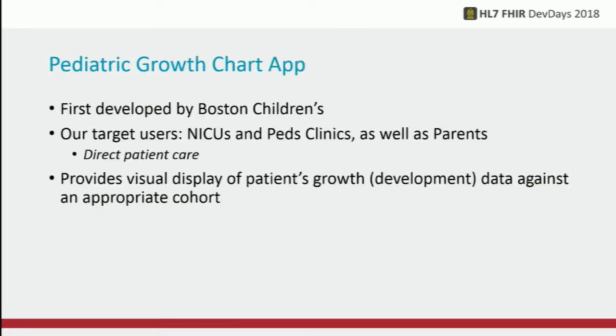The Growth Chart app was developed at Boston Children's. The target users within Intermountain were people in the ICUs and the pediatric clinics, as well as parents, to give parents a direct way to look at the growth chart information. So it provides a visual display of a patient's growth and development and data against an appropriate cohort.